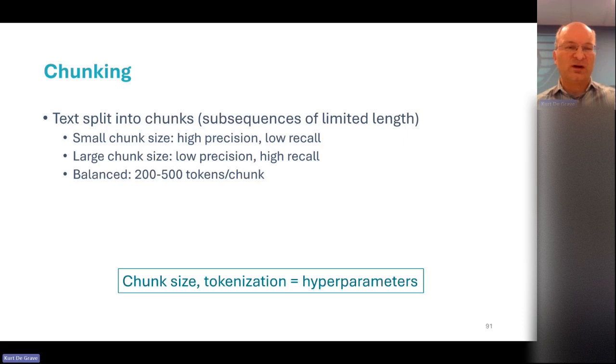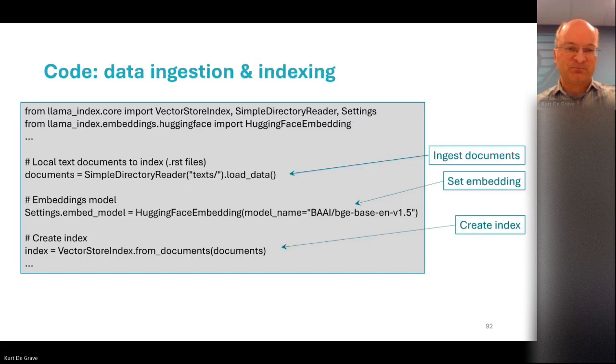If it's too large, then you will increase your prompt size very much, and also make it more difficult for the LLM to find the relevant piece within the chunk. So these are important hyperparameters of your RAG system.